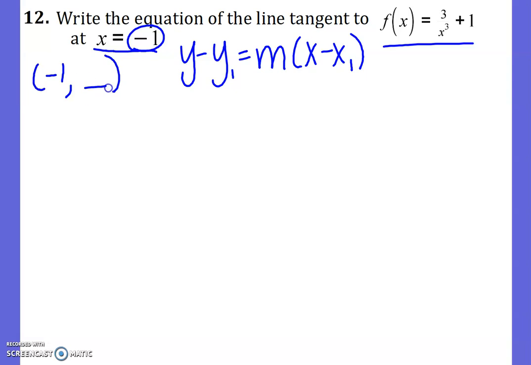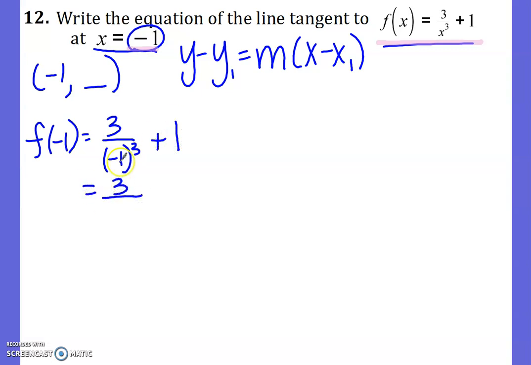So to find the y value, I'm going to plug in negative 1 into the original function. So this becomes 3 divided by negative 1 cubed, which is negative 1. So that turns to negative 3 plus 1, which is negative 2. So there's the point I'm going to use.